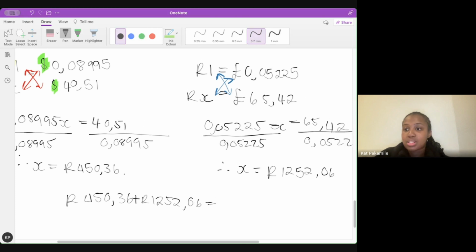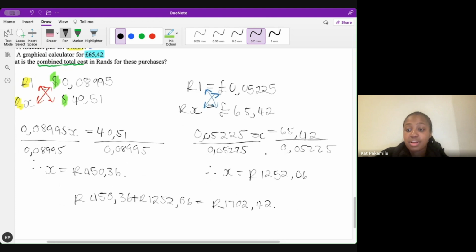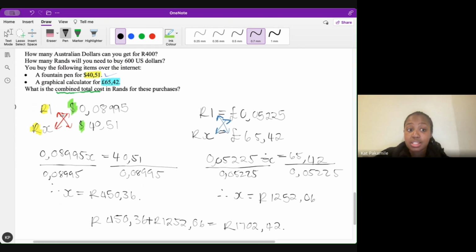Can I have someone tell me, please, what is the amount? That would be 1702,42. Can I have a thumbs up, thumbs down? Graphical calculators are very expensive.